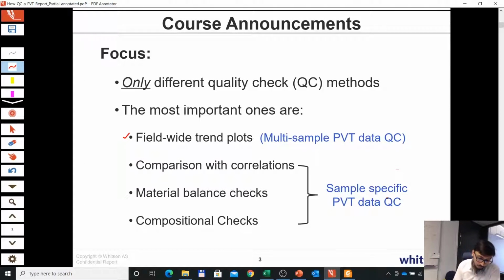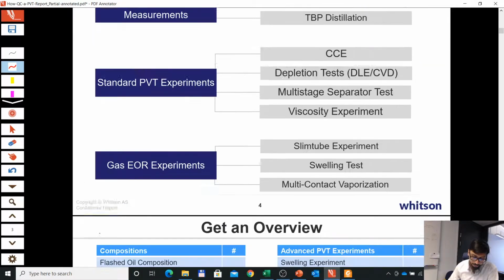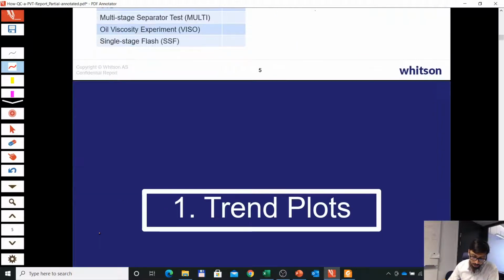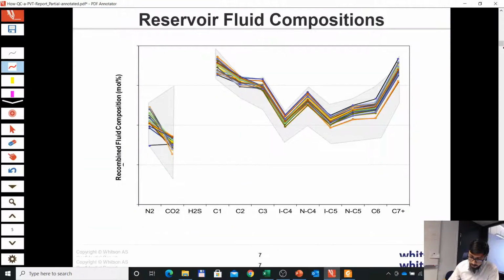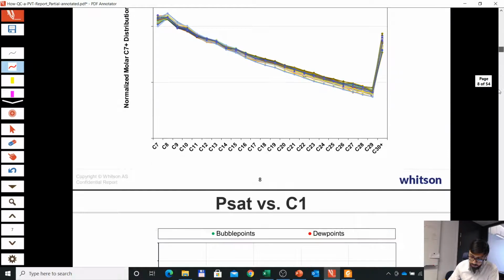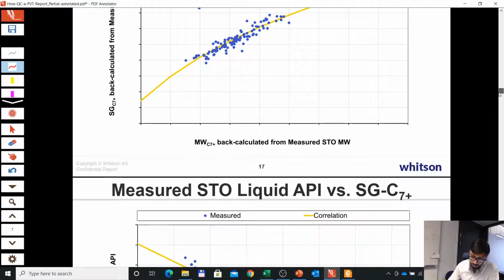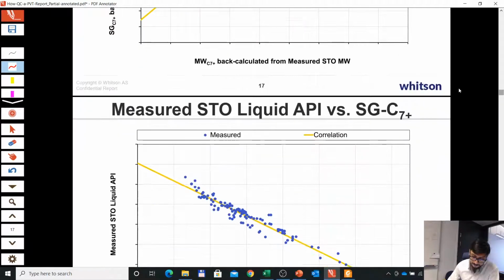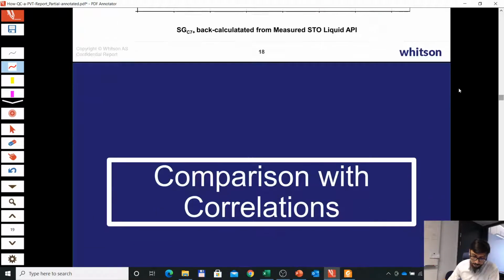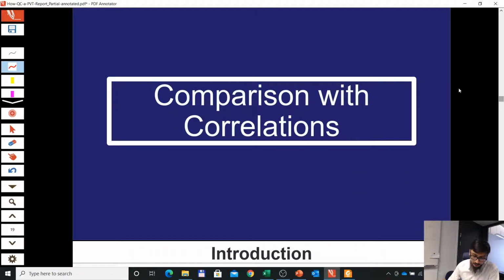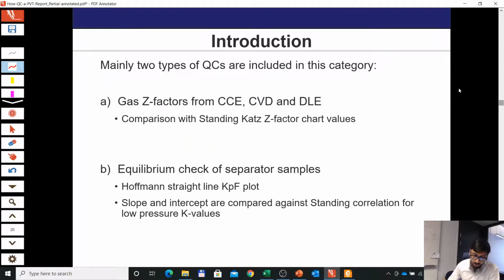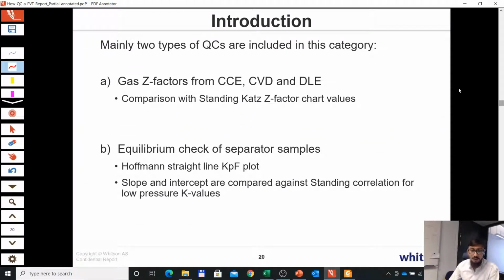So first we will discuss this comparison with correlations method. In this category, there are mainly two methods that we will be discussing.